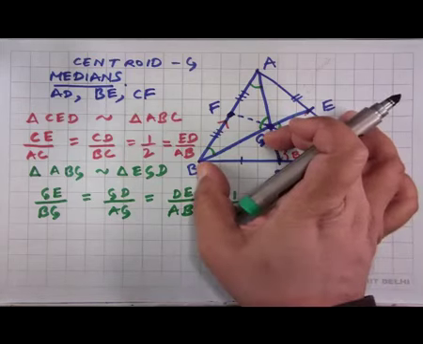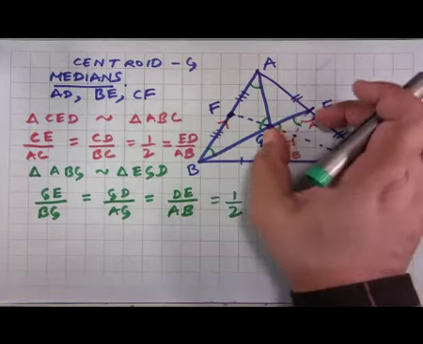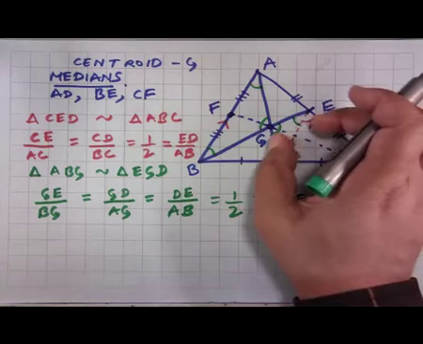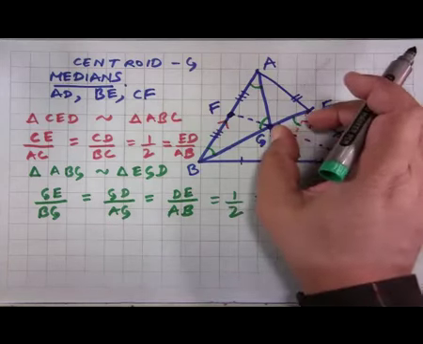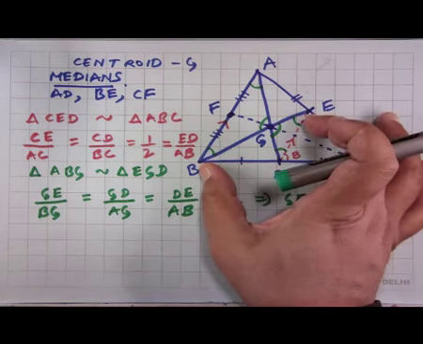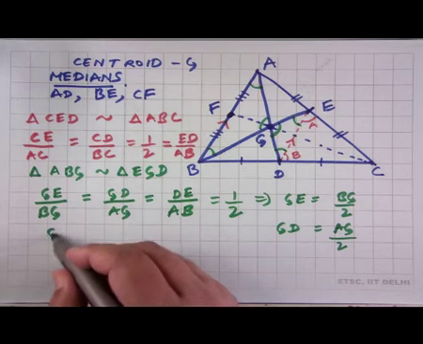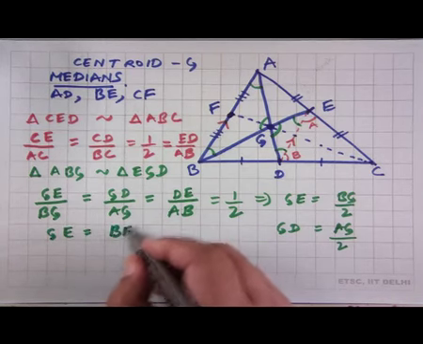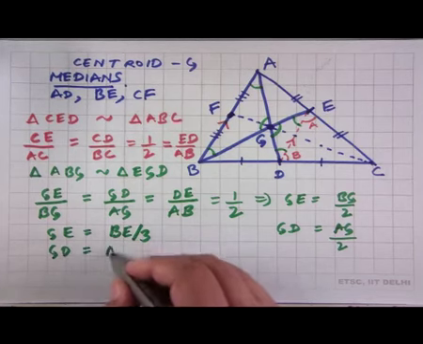So, what it basically means is that this length BG is double that of GE, or in other words, because this is a straight line, this length GE is 1/3 of this median BE. So, that basically implies that GE is equal to the length of the median BE over 3, and similarly GD is equal to the length of the median AD over 3.